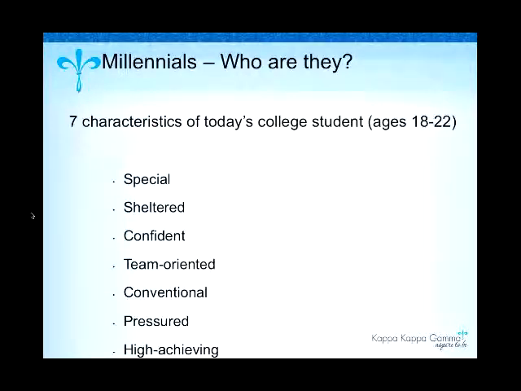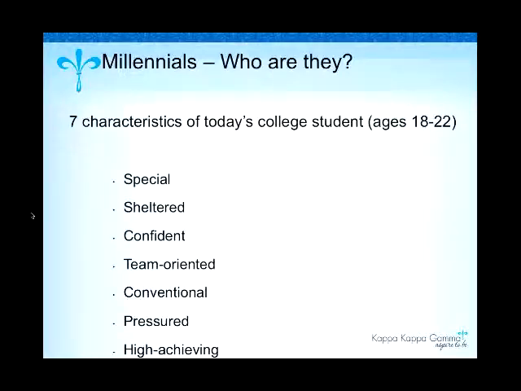So they're used to feeling important and needed. And so you can only imagine how that translates to a college campus when you have 6,000 new students or 1,200 new students, and the desire for everybody to feel special.